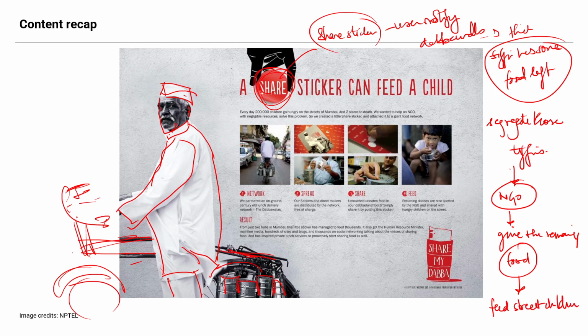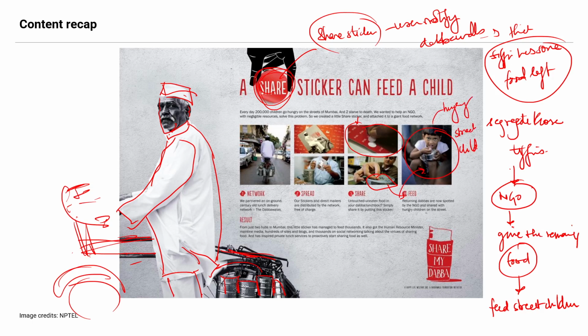All right. So this was how the model worked. These are the stickers, and they would be given to the users. If users have their dabbas half filled or there was some food left, they would place the sticker on the dabba, and these dabbas would be segregated and the food given to the hungry street children.